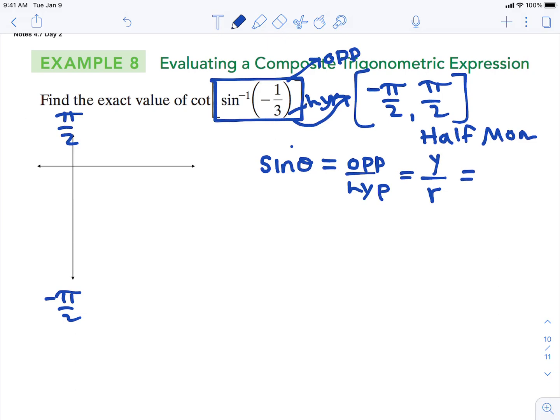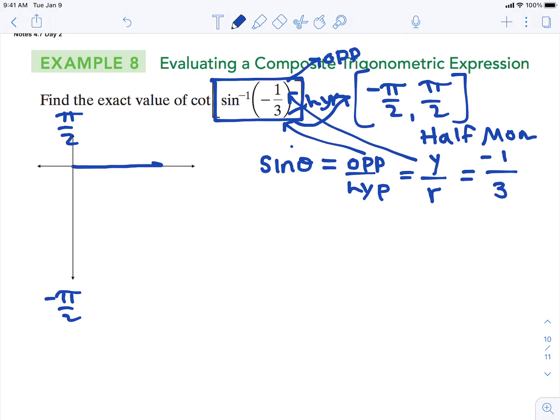So we have to choose which one's going to be the y. So that's going to be either a positive or negative 1. And then your radius, your r, is 3. So since this is going to be a radius that's positive, we have to choose the y to be a negative 1.